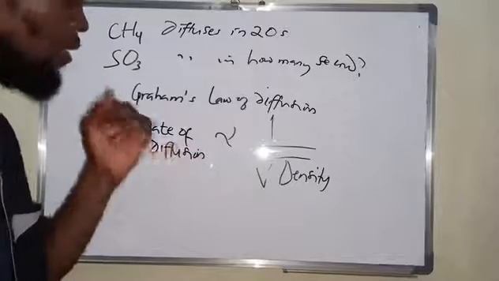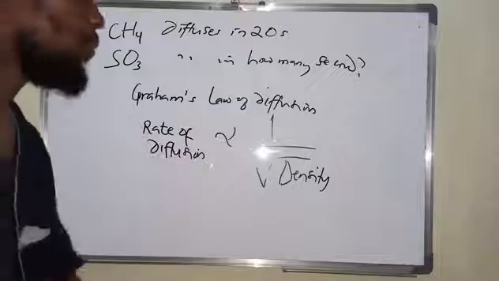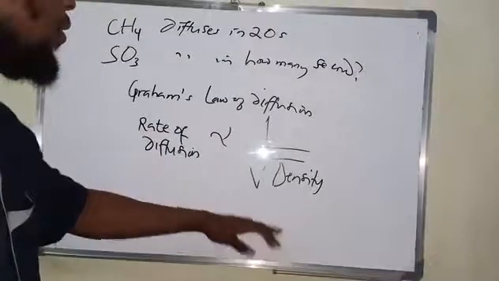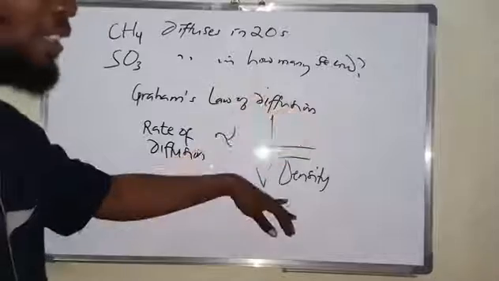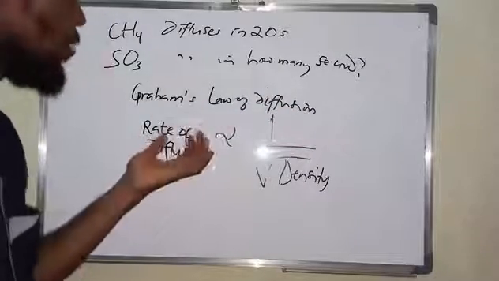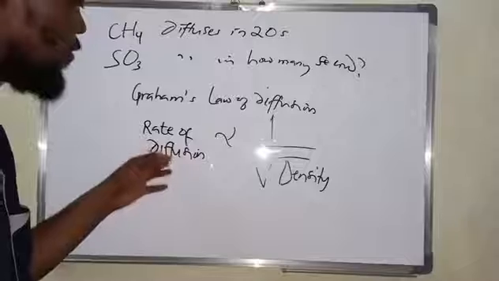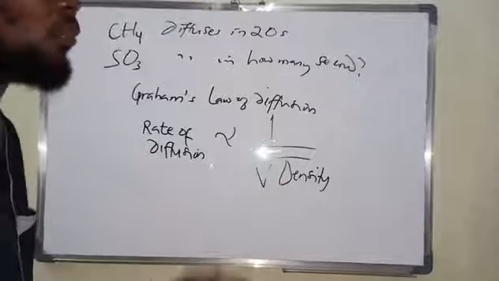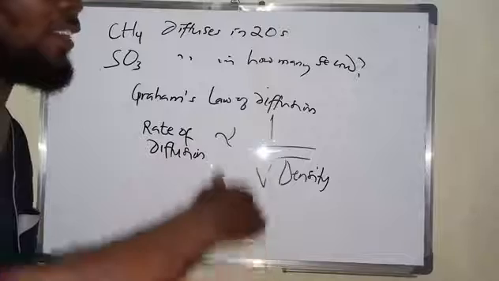I think that is understood. If the density grows bigger, then 1 divided by the density gives us a lower value, which means the rate of diffusion will be low with a very high density.